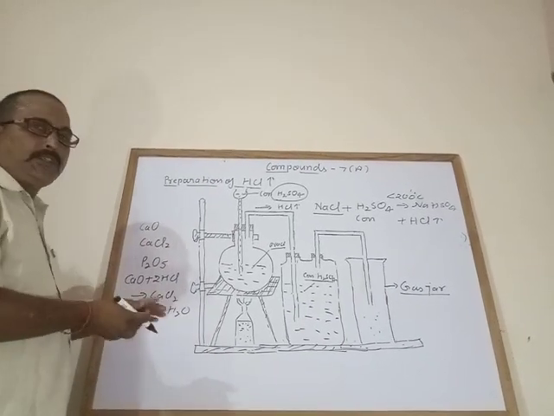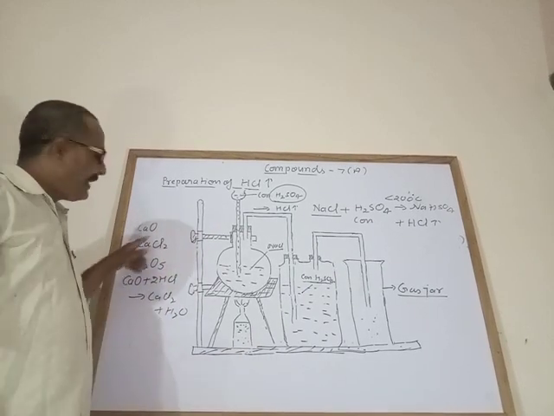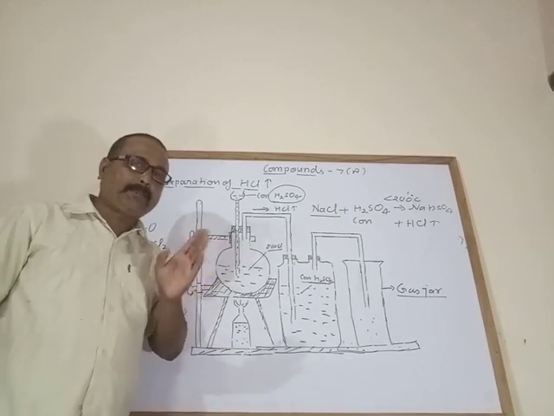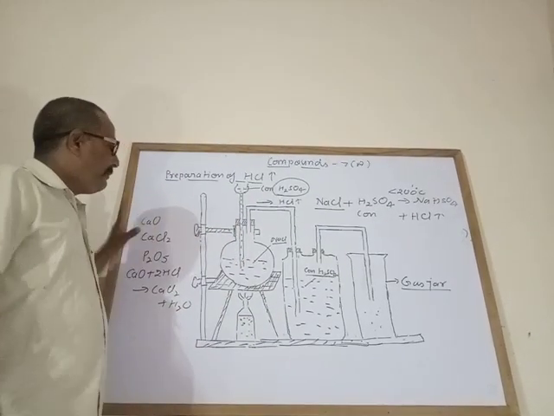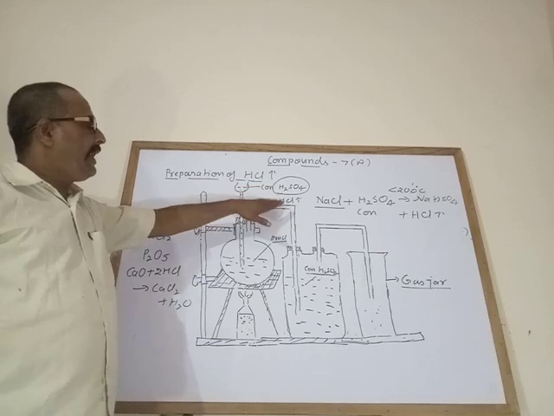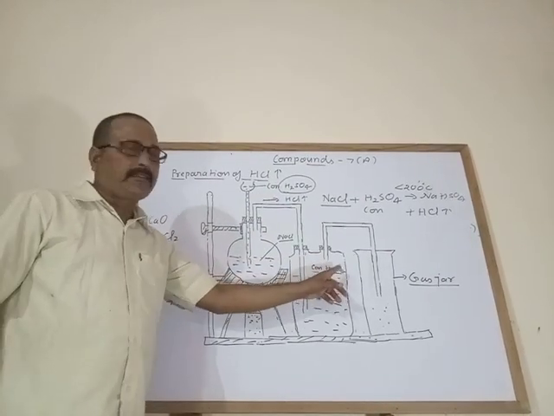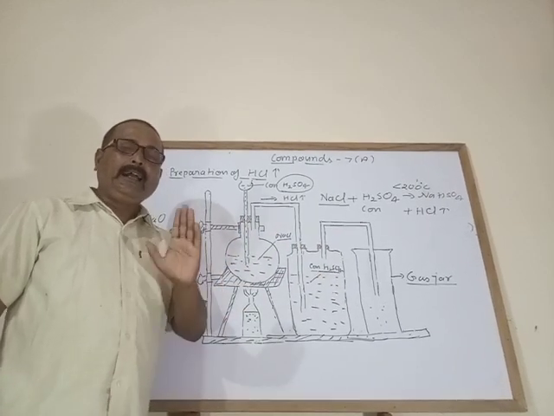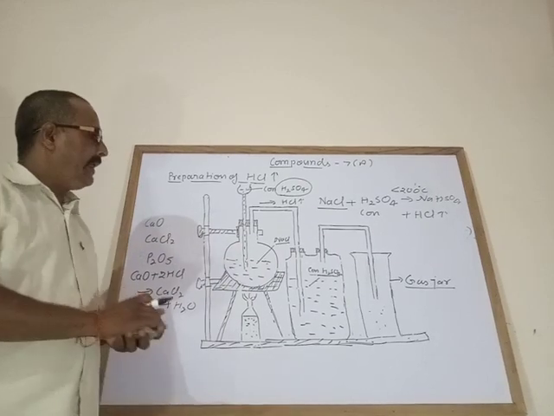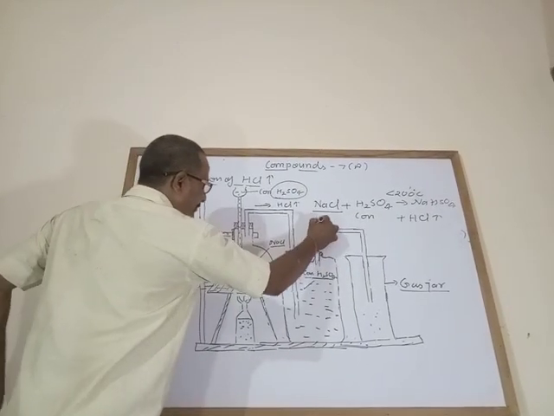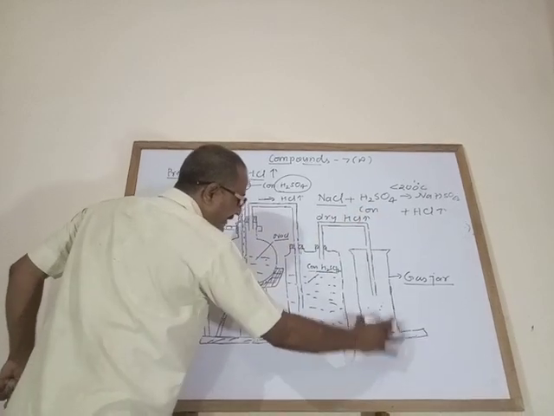So we are not using quicklime, meaning calcium oxide, calcium chloride, or phosphorus pentoxide, because they react with hydrogen chloride gas. We use concentrated sulfuric acid as the drying agent. It absorbs the moisture, and then we collect the dry hydrogen chloride gas in the gas jar.